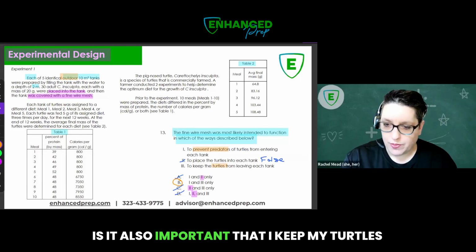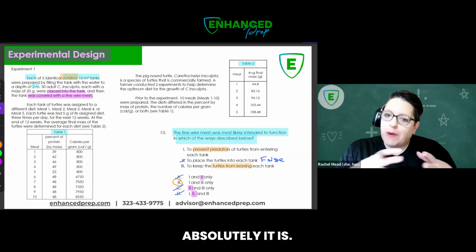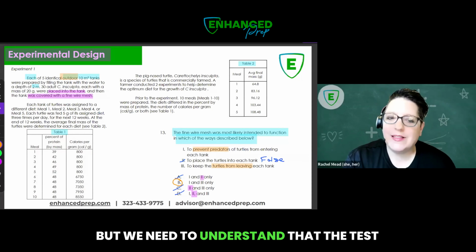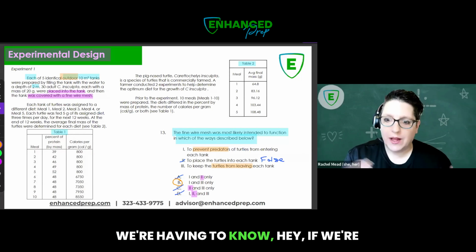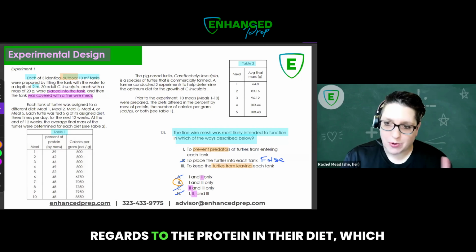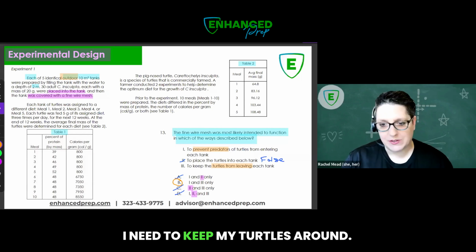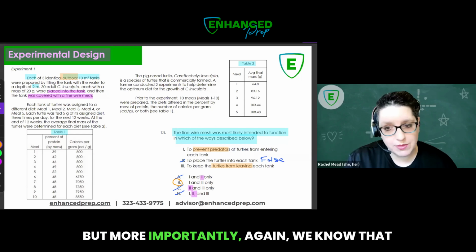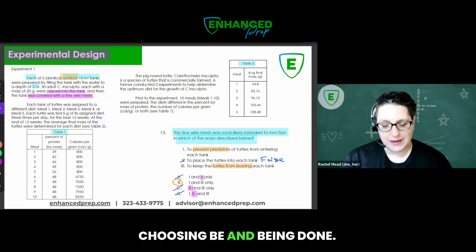Is it also important that I keep my turtles in my tank? Absolutely, it is. But we need to understand that the test isn't showing us that. If we're experimenting on turtles for a while with regards to the protein in their diet, which is what I see happening here, I need to keep my turtles around. But more importantly, we know that Roman numeral number two is wrong and we're choosing B and being done.